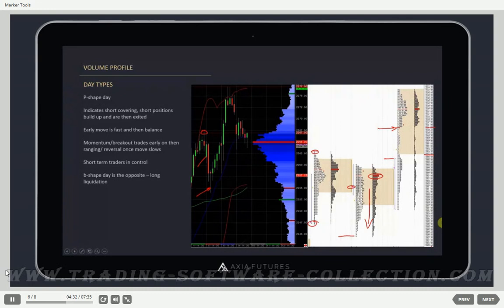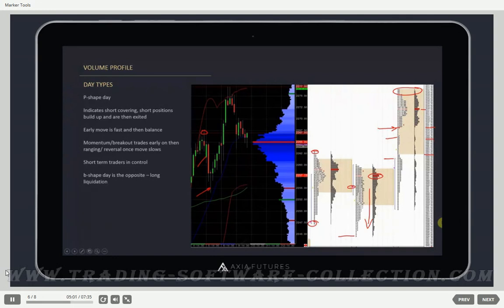I would therefore be looking to buy any dips back towards 71s with your stop back below these single prints. So stops 69.5-ish, quite a tight risk reward, and then you're just looking for rotation back up this range, back up towards the VPOC, and then perhaps somewhere towards the high of the day as well, towards the 77, 76 area. So that's what I'd be looking for on a P-shaped day.